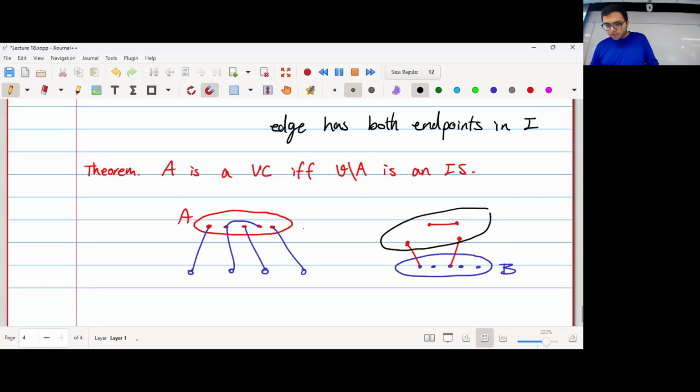So this is V minus B. So if B is an independent set, V minus B is going to be a vertex cover. Great.